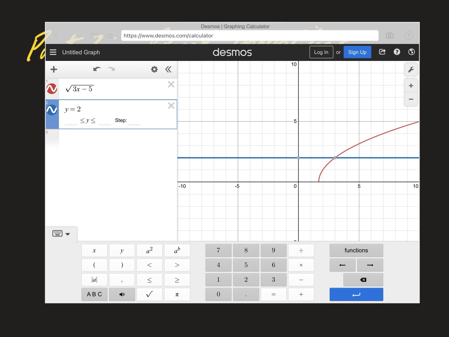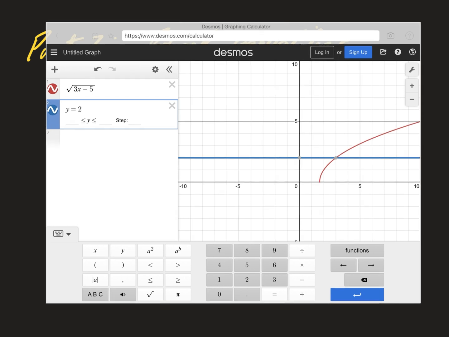And now you can see we're asking where is the red graph smaller than the blue graph. And if we look at this, here's where they intersect at x equals 3, and the red graph is smaller than the blue graph in this range, at x less than 3.